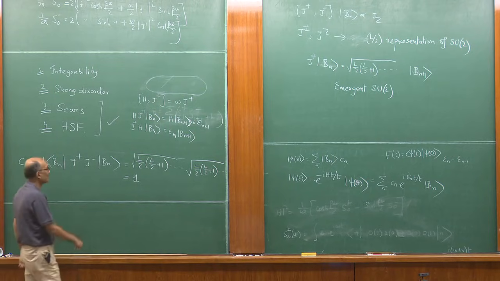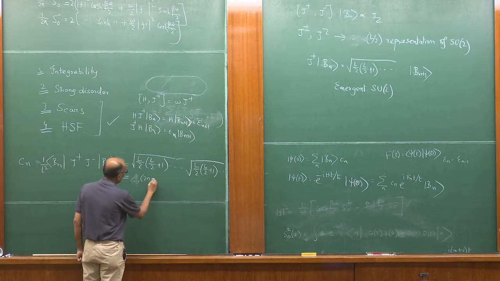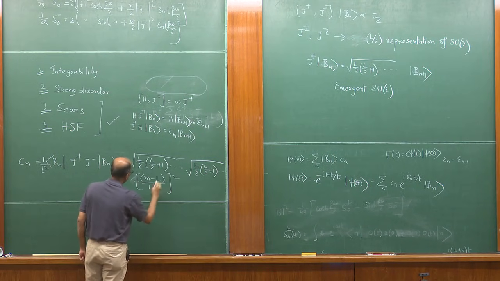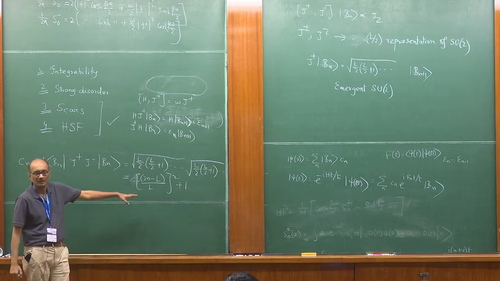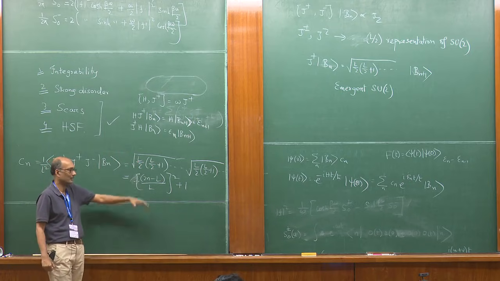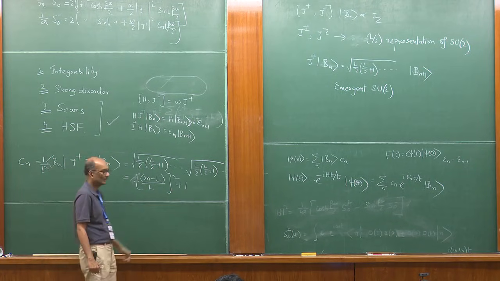In fact, there is an exact expression for this. It turns out that the answer is 2n minus L by L whole square plus 1 and so on. So this is the second leading power and all that, but the leading thing is order 1.